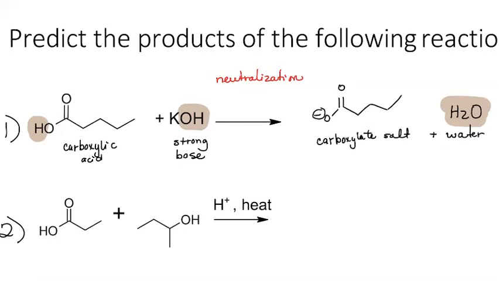Now, I said that this is a carboxylate salt. In order to make it a salt, we need a cation. What is the cation that is going to be paired with our carboxylate? Let's put the symbol in the chat. What is the cation? Great job. K+.